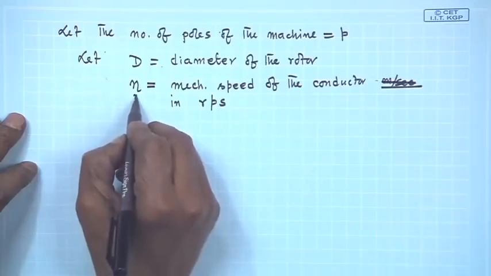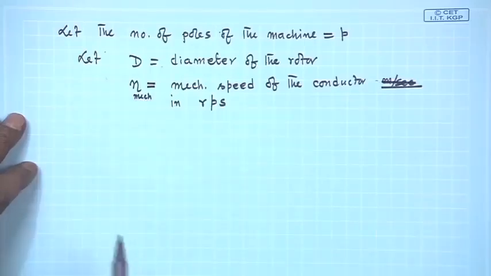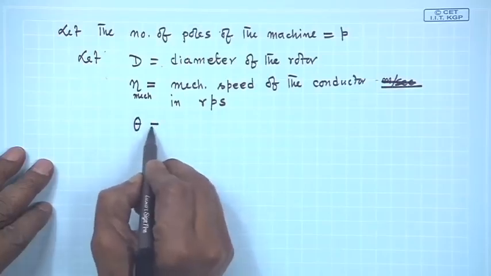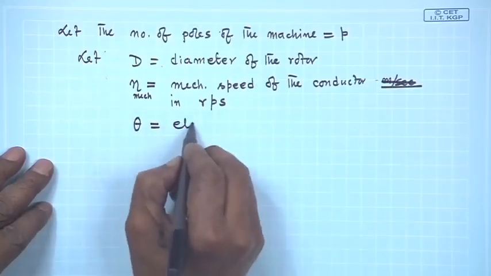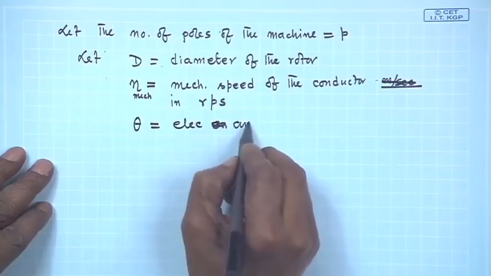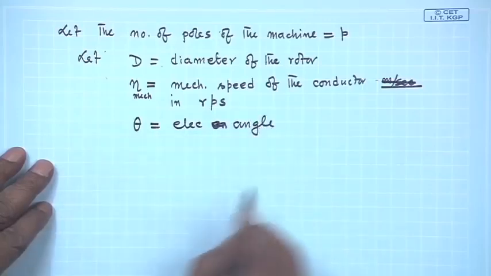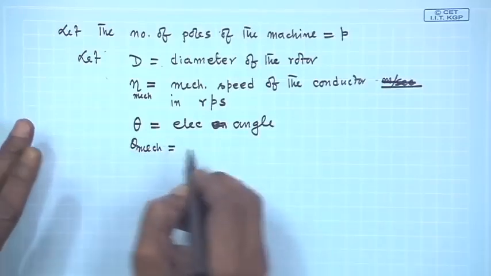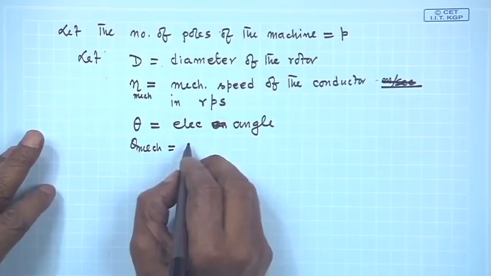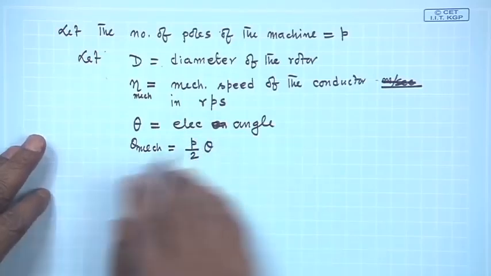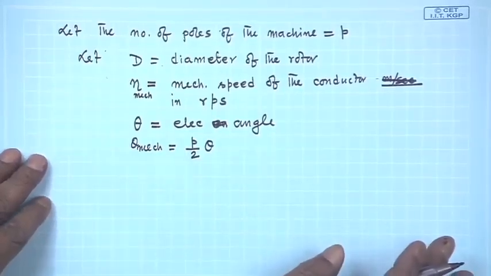So, n mechanical, and I will indicate theta to be the electrical angle, and theta mechanical, if necessary, this may not be necessary, is p by 2 into theta angle. Okay.